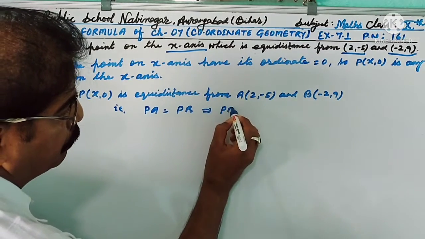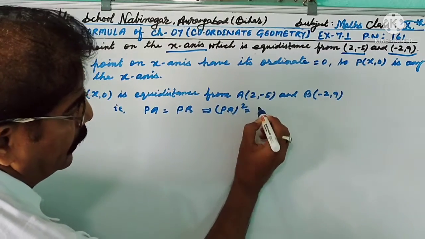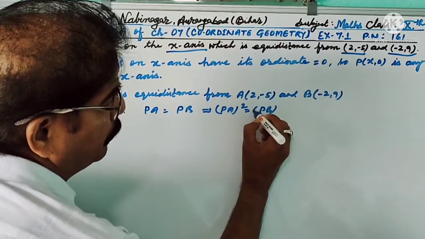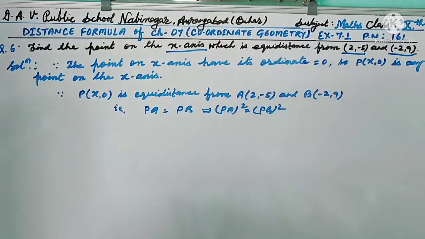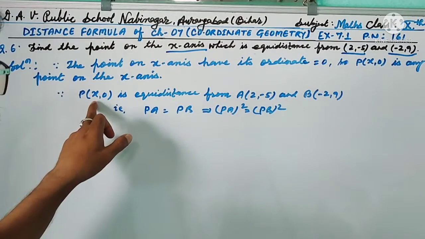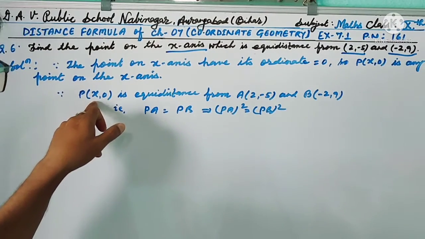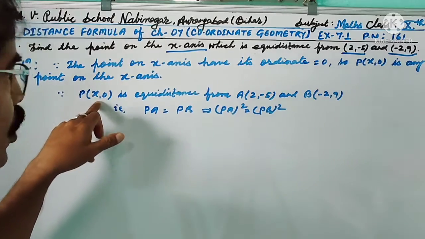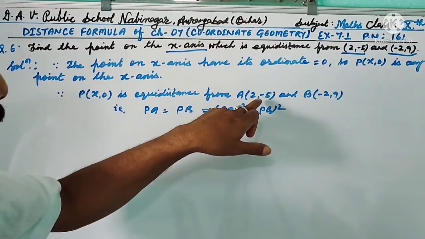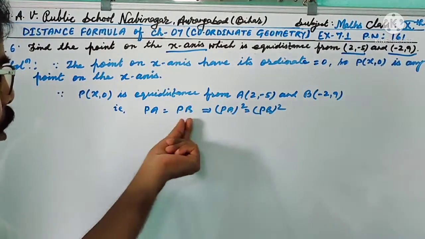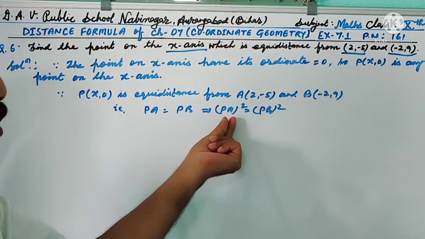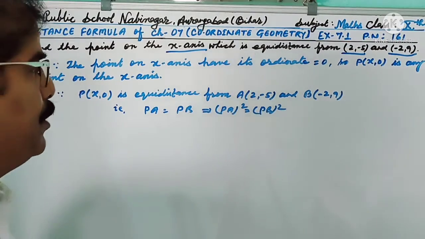Since point P is at equal distance from A and B, PA equal to PB, and squaring both sides, PA square equal to PB square.